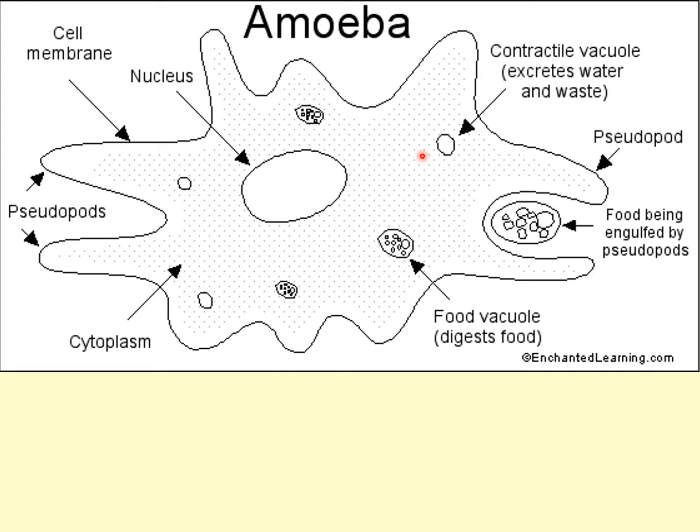So you can see some similarities between amoeba and animal cells and plant cells, but there are differences as well, and that's due to their single-celled nature, because they can't have tissues and organs.